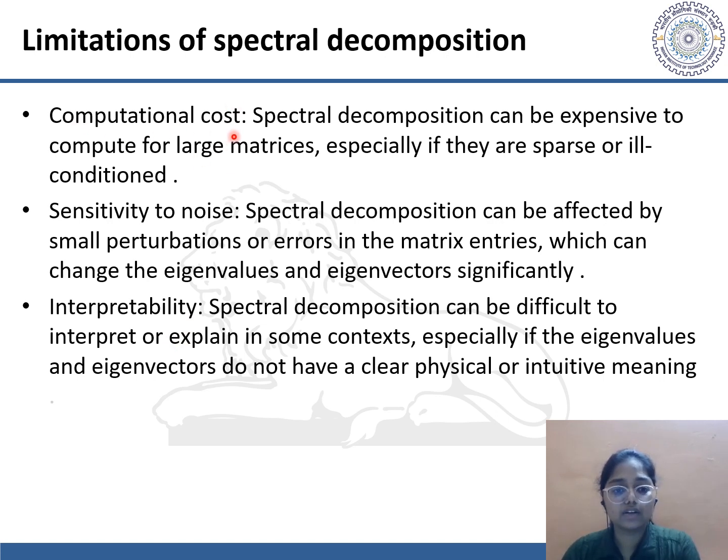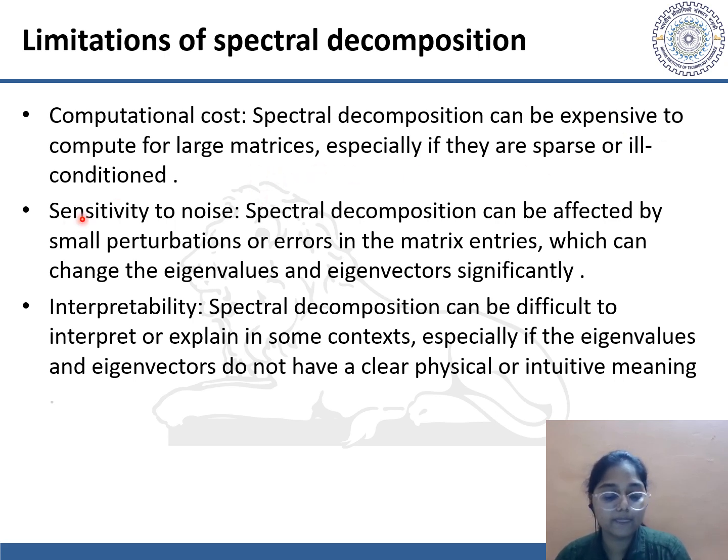It does reduce the computational cost when a given matrix is decomposed into three matrices. But when the matrices are very large, or if the given matrix is sparse or ill-conditioned, it can be quite expensive to compute the spectral decomposition.